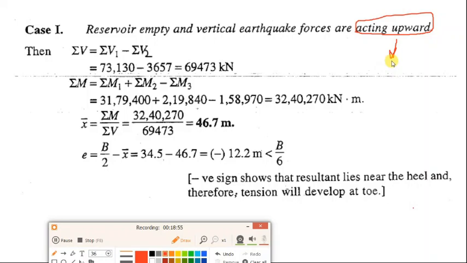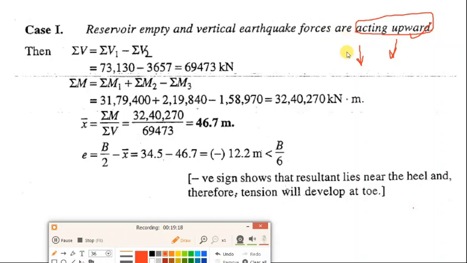You can do it at home when the earthquake force is acting downward, and then you can calculate. Whatever will be the worst case, then you can understand how you can calculate the forces. So for illustration purpose I have only considered when the earthquake forces are acting upward.